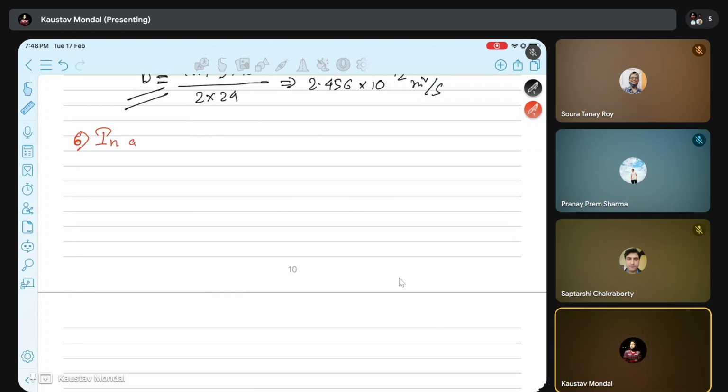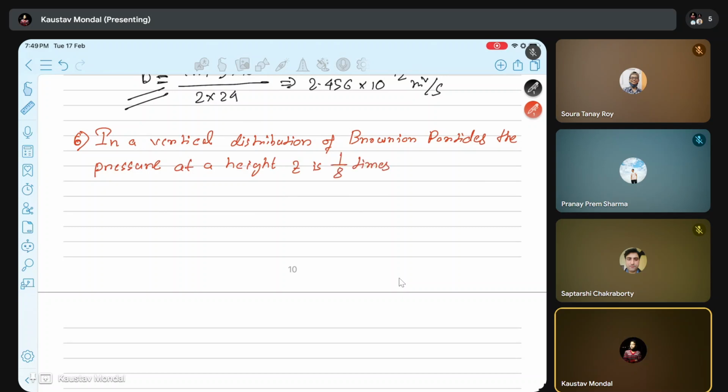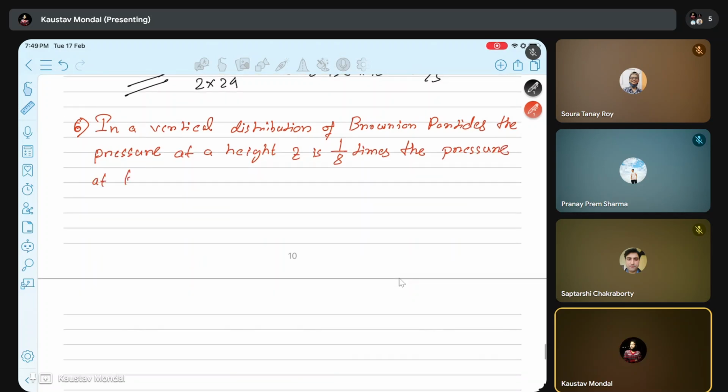In a vertical distribution of Brownian particles, the pressure at a height z is 1 by 8 times the pressure at base.